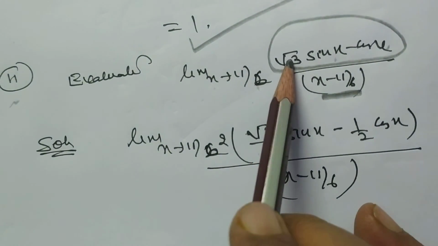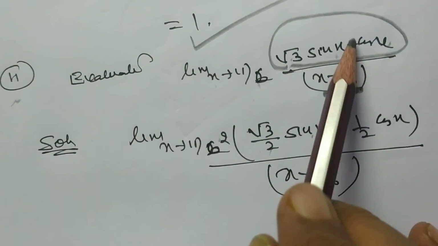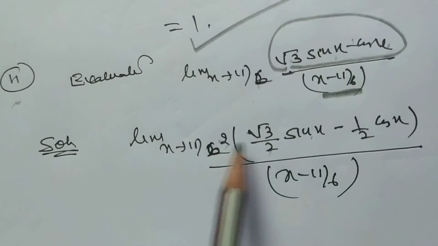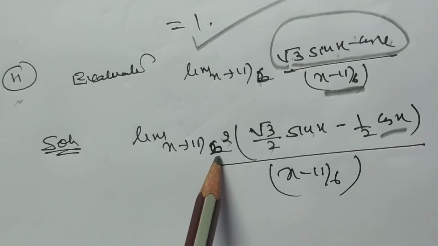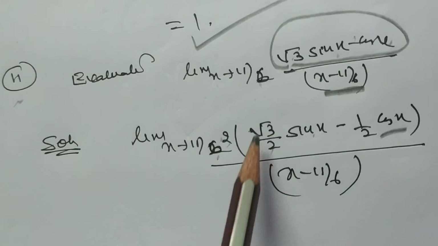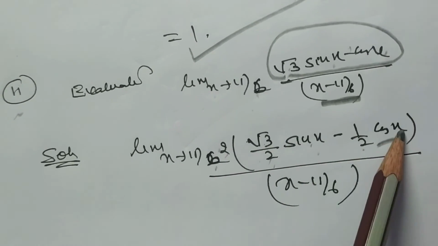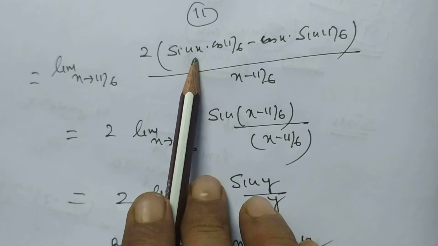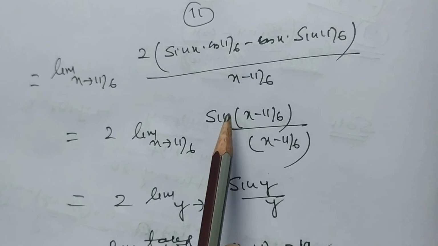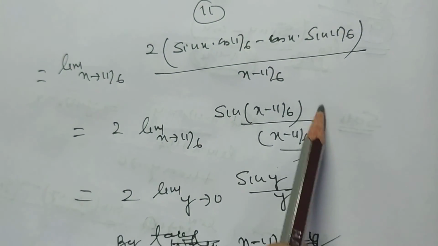So for this purpose we write root 3 by 2 into 2 sin x minus half, 2 into half is equal to 1, so cos x. By taking 2 common, it can be written in this form: 2 times root 3 by 2 sin x minus half cos x over x minus pi by 6. And now expanding on the formula sine of angle A minus B, we have sine of x minus pi by 6, over x minus pi by 6.